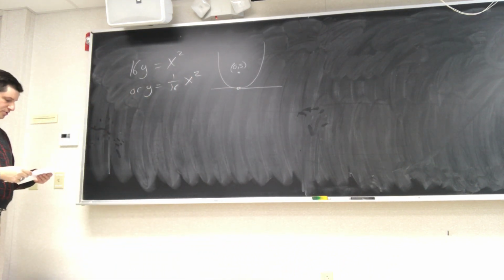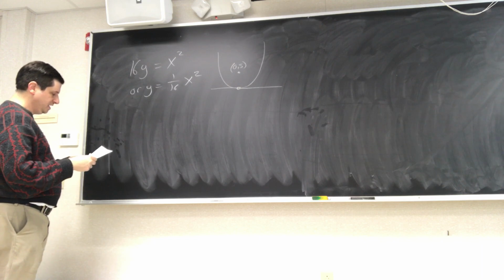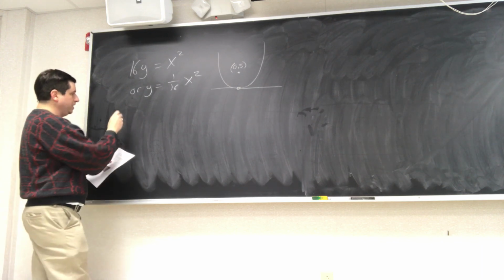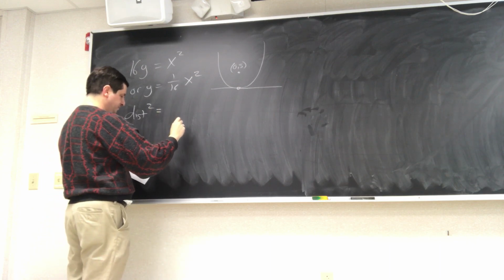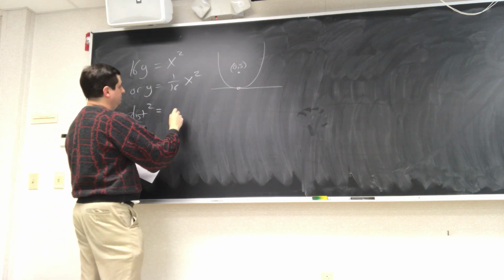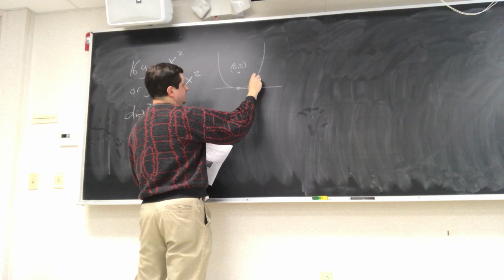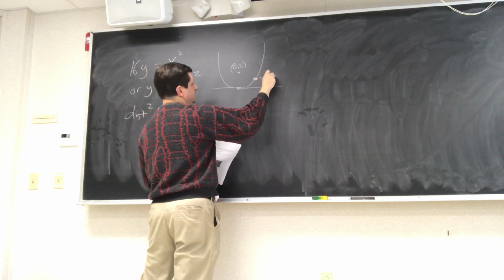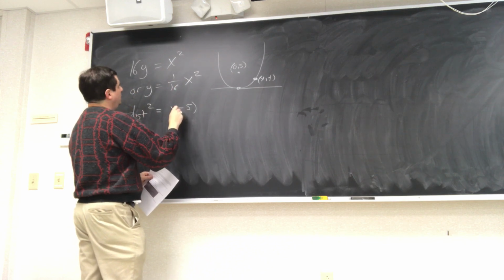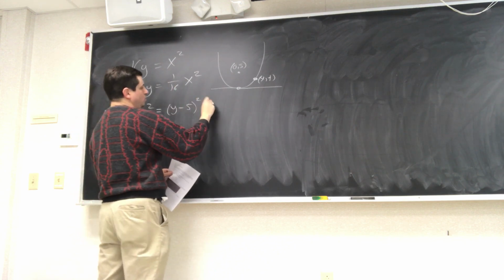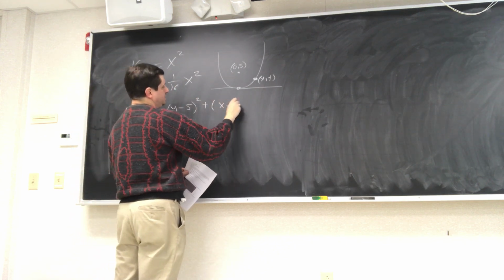And so the argument goes as follows. Since 16y equals x squared, the distance squared is equal to, so let's say our point over here is x, y, so it's going to be y minus 5 squared plus x minus 0 squared.